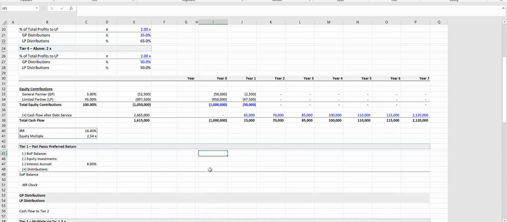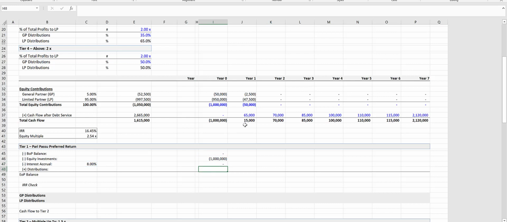So our beginning of period balance is going to be the ending period balance from the previous period. And then our equity investments are just pulled from up top, our total equity contributions. And our interest accrual is going to be the 8% times the outstanding balance from the previous period. That's carried into this period.